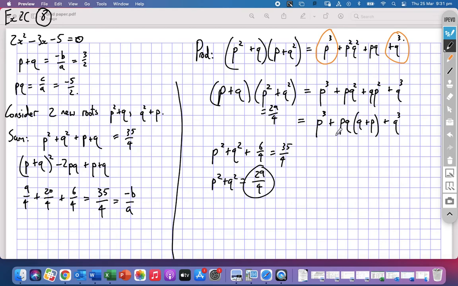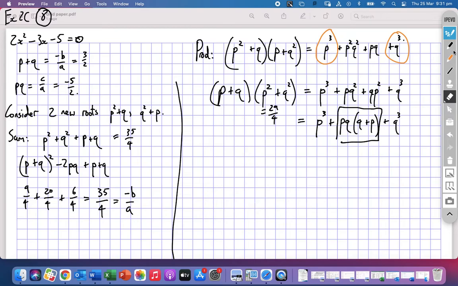Then we'd have to remember that we have to minus this. So there's a little bit of figuring out there. We could say the product is, right, now we've also got these. I might write these first. So the product is pq all squared plus pq. Now it's plus p cubed plus q cubed.